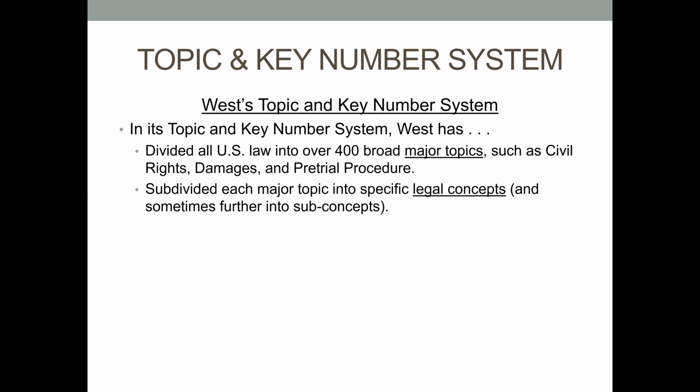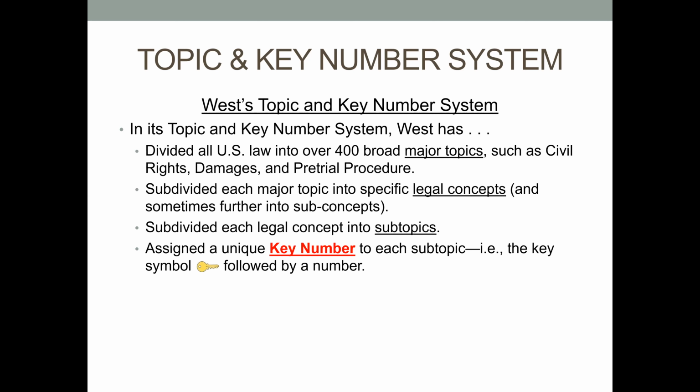Every one of these topics, West further subdivided into specific legal concepts relating to that topic. Depending on the topic, those legal concepts themselves may have been further subdivided into sub-concepts. And then finally, each of the sub-concepts was further subdivided into the smallest, narrowest subdivision called subtopics.